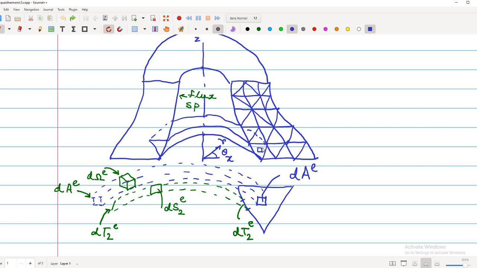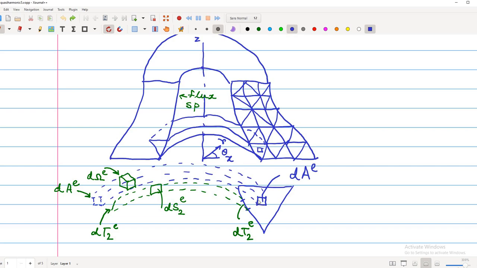If you take an infinitesimal area dAe here, this triangular element is shown again in a larger size. If you rotate this infinitesimal element 360 degrees, this becomes again a solid with infinitesimal cross-sectional area. If you go d theta in the theta direction, this becomes d omega e.